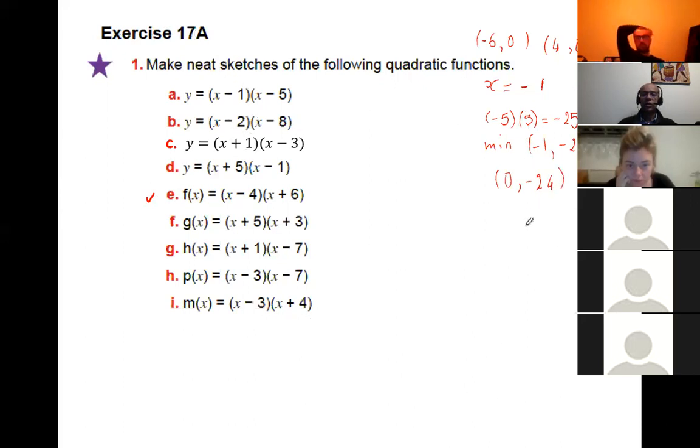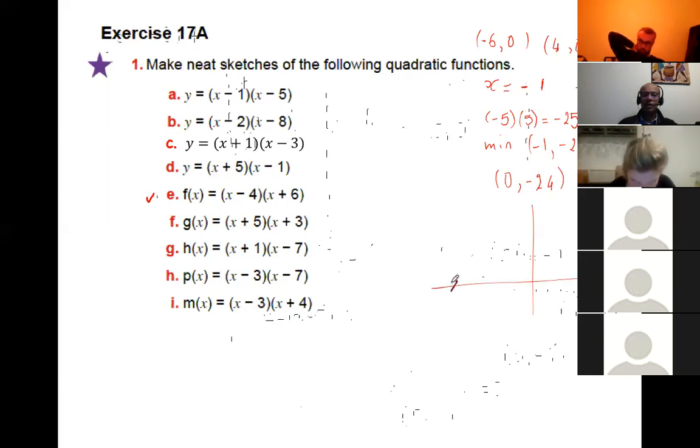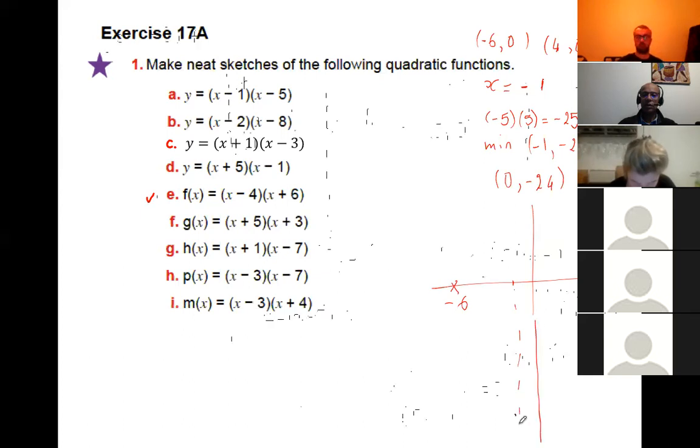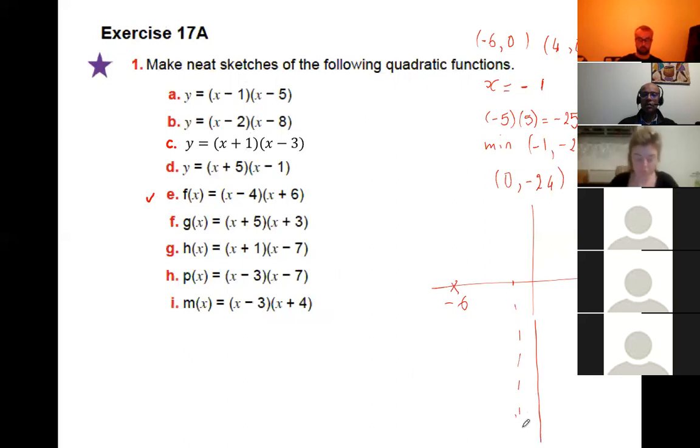So if you were to draw this graph, you would start -6 here, and you would have 4 here, and the axis of symmetry -1, and that would go right down to our turning point -25.